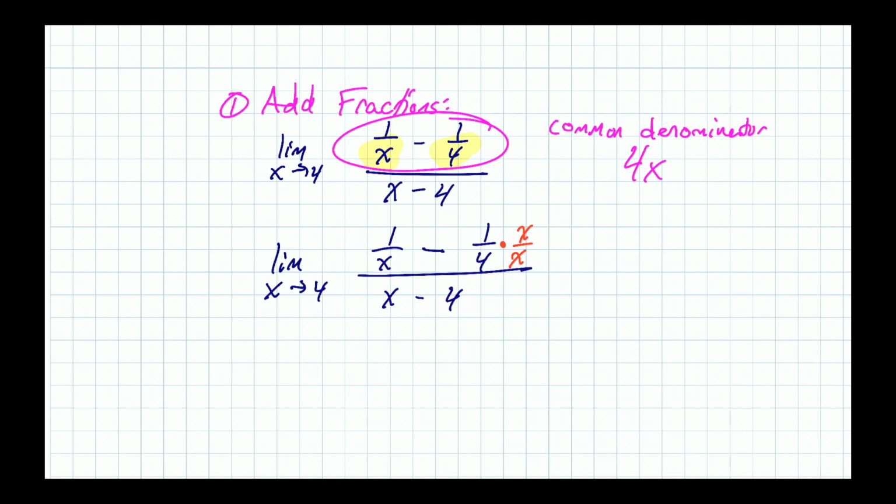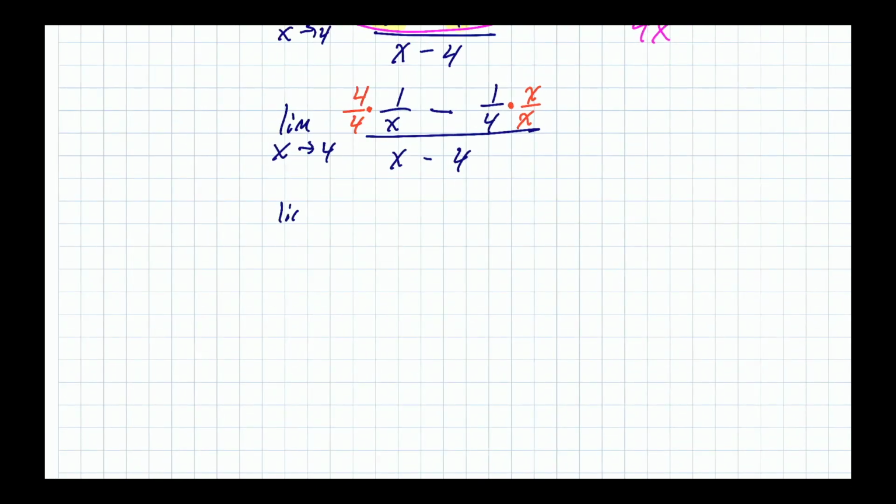The first denominator is missing the 4, so we multiply by 4 over 4. Right? Basic rules of fractions here. So multiply that out, you get 4 over 4x minus x over 4x, over x minus 4.